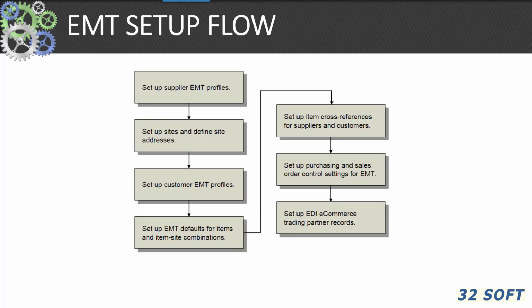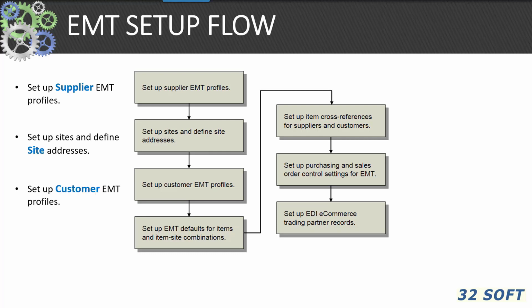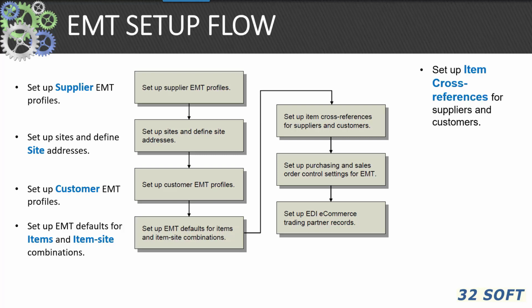So here are the standard setup steps required for EMT. First of all, you're going to set up suppliers. Then we're going to talk about sites, how you set up customer profiles and item site combinations. We'll talk about our favorites, 1.4, 1.16 and 1.19.